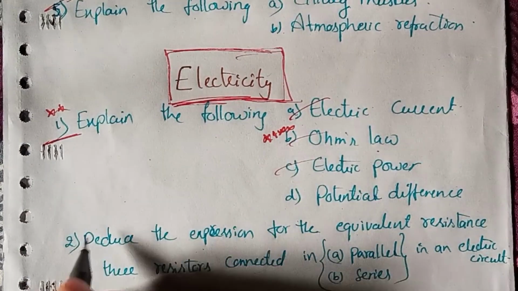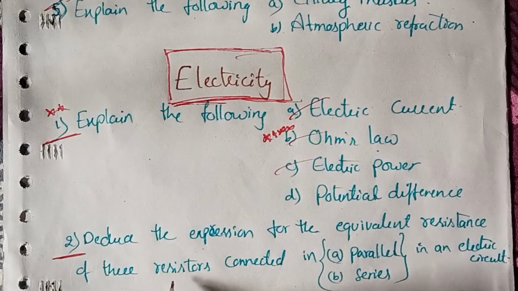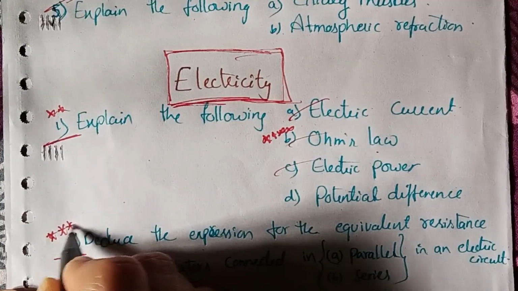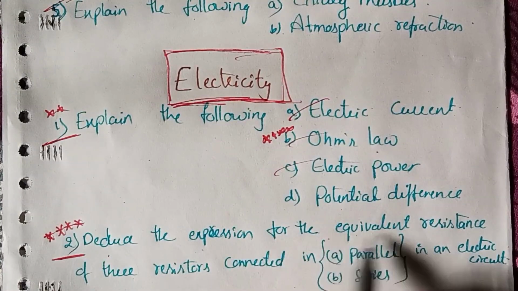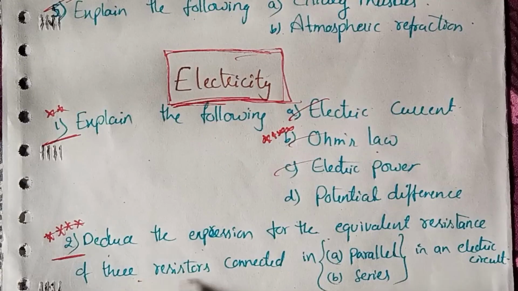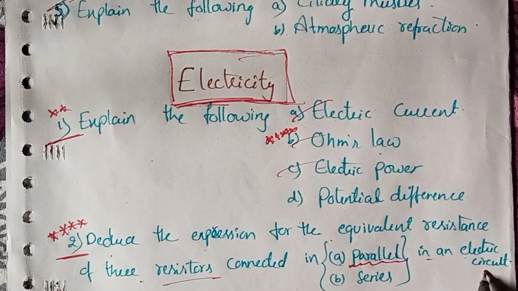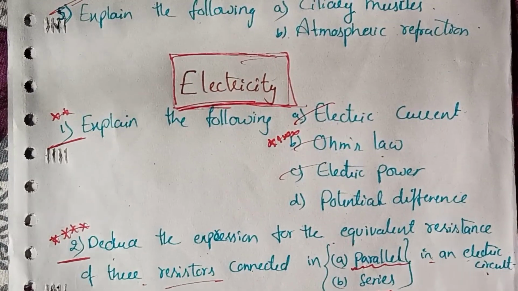Okay, next, second question. In this second question 2 questions are there, so you have to learn both. From that one will definitely come. Deduce the expression for the equivalent resistance of 3 resistors connected in parallel in an electrical circuit, or else 3 resistors connected in series in an electric circuit.